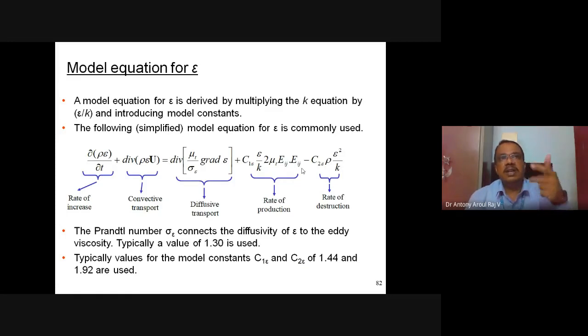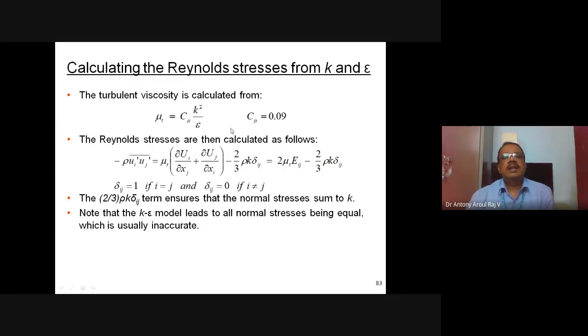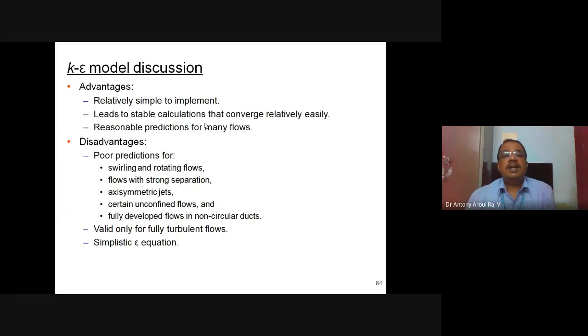Like how you calculate velocity and temperature for each node, you will calculate k and epsilon for each node. Then substitute the value of C nu and find the turbulent viscosity. You take this turbulent viscosity and give it in the governing equation. Very simple. Before that it would be laminar; now you give this turbulent viscosity, and it becomes a turbulent profile. That's how we are doing the turbulence modeling in the solver.